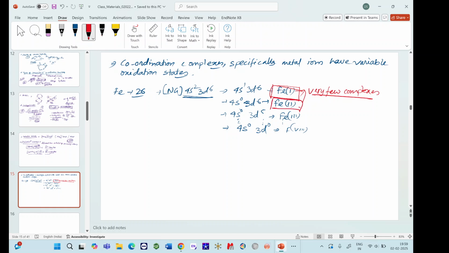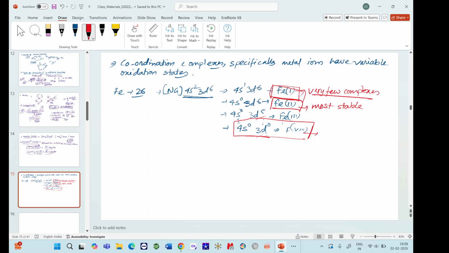Most stable is Fe2. Most stable. Okay. And this full oxidation is not possible. It cannot go through that because you have some limitations. When d electrons are filled, like half filled or fully filled, where this situation comes, it cannot tend to more oxidation.